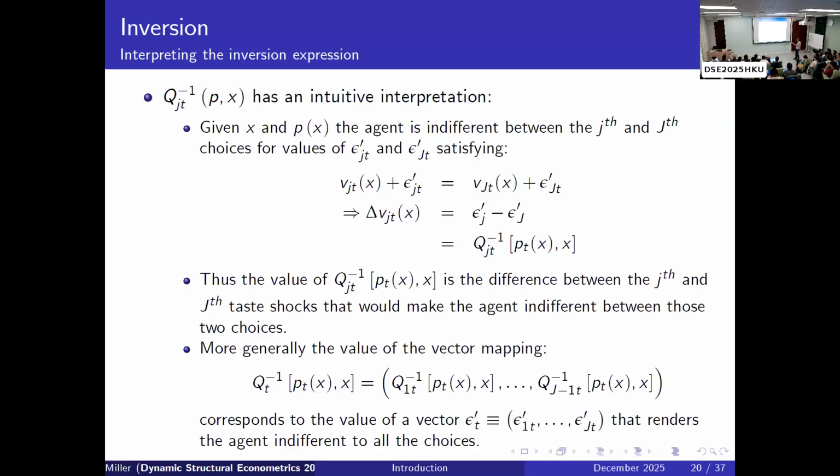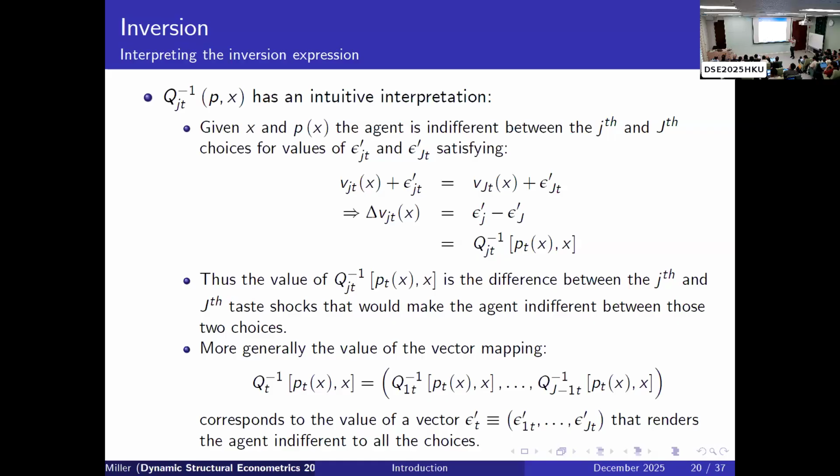So that would mean the difference, this triangle V, is just equal to those set of epsilons for which you are indifferent. Okay? And so that's the way to interpret the jth component of this inverse.